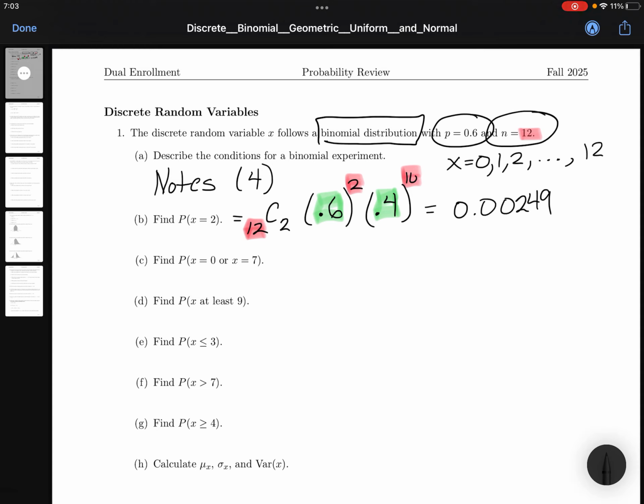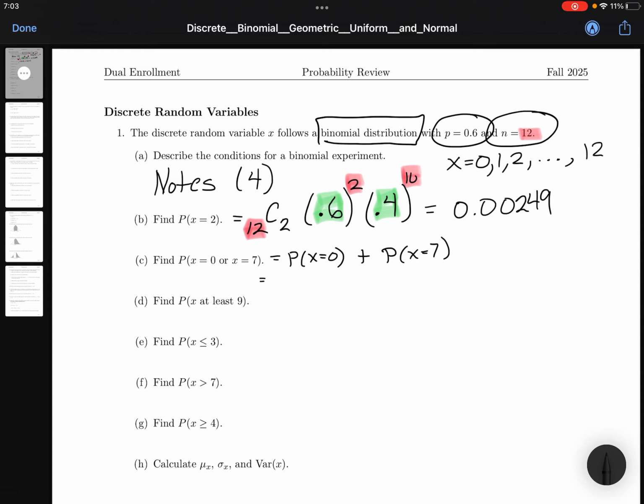Now, in part C, this is the probability that x equals 0, or, so we add, probability x equals 7. I went ahead and found both of those using the binomial probability distribution function.